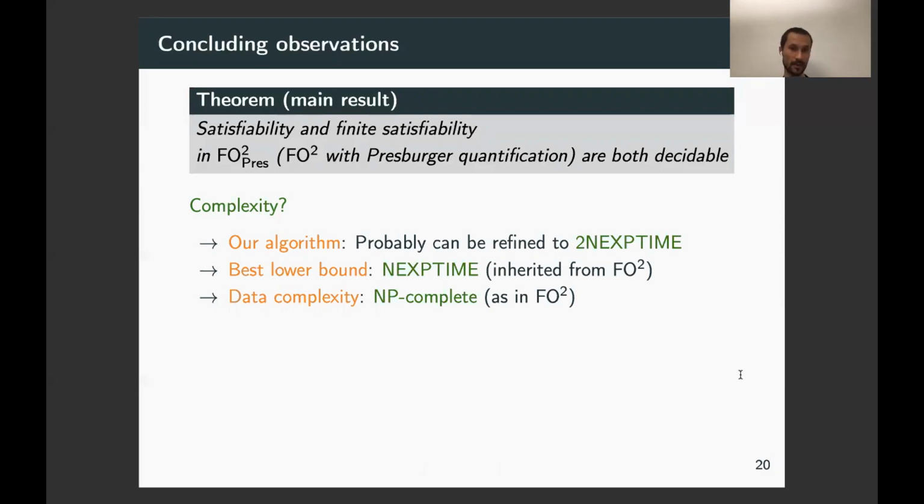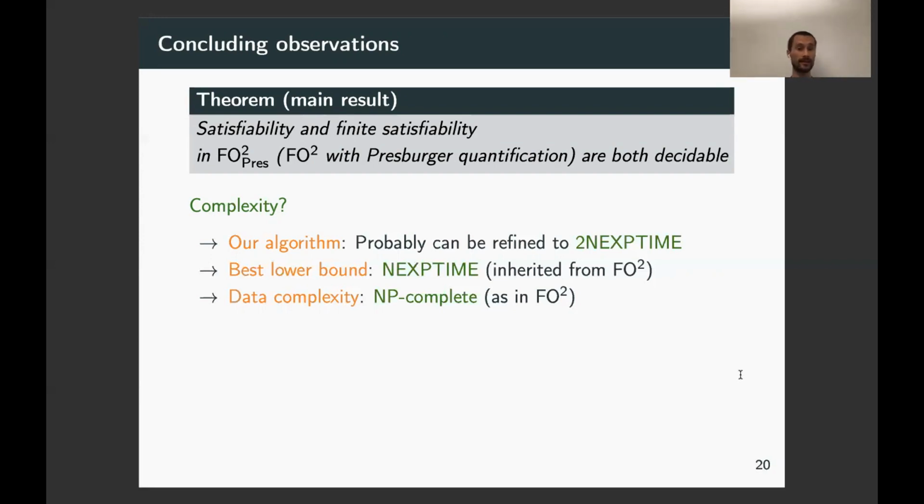However, we still need to check all the details for this. Nonetheless, this is not a matching known lower bound, because the best lower bound we know is NEXPTIME-prime, which is taken from FO2 and C2 as well. So to close this gap is our future work.